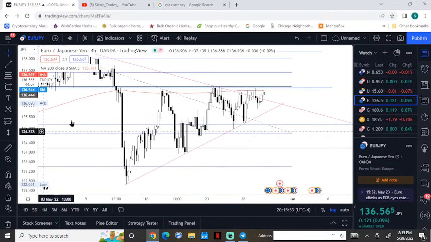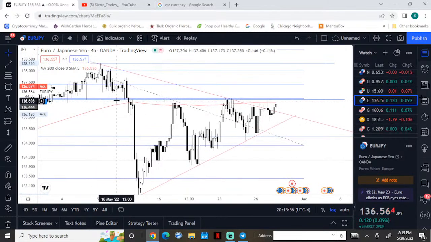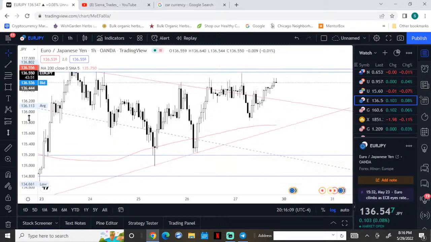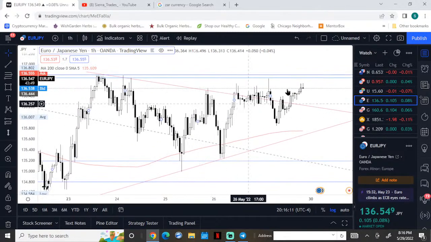Wow. So this is a significant area. We got 1, 2, just about 3 touches. Let's see. I really want to see price retest this.